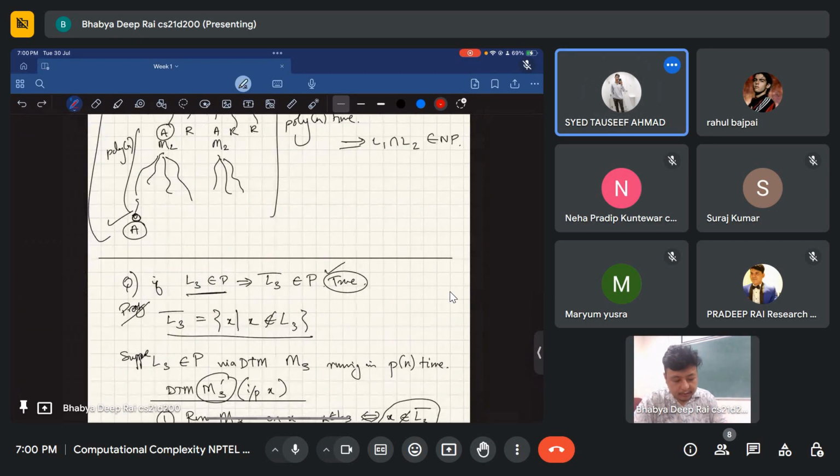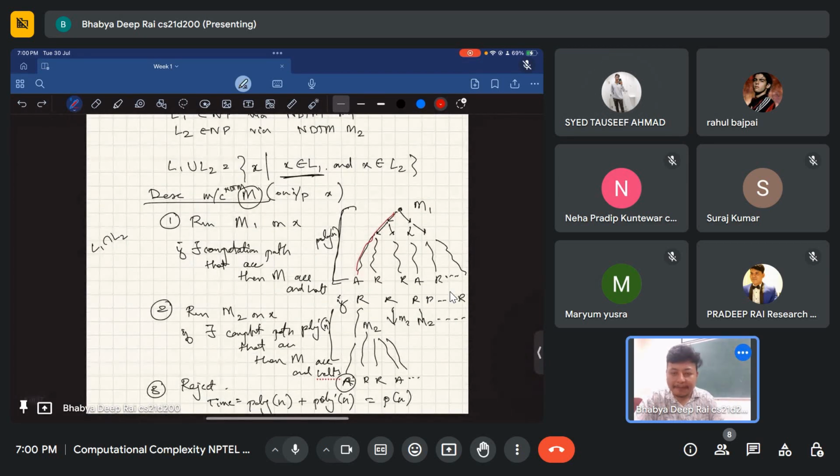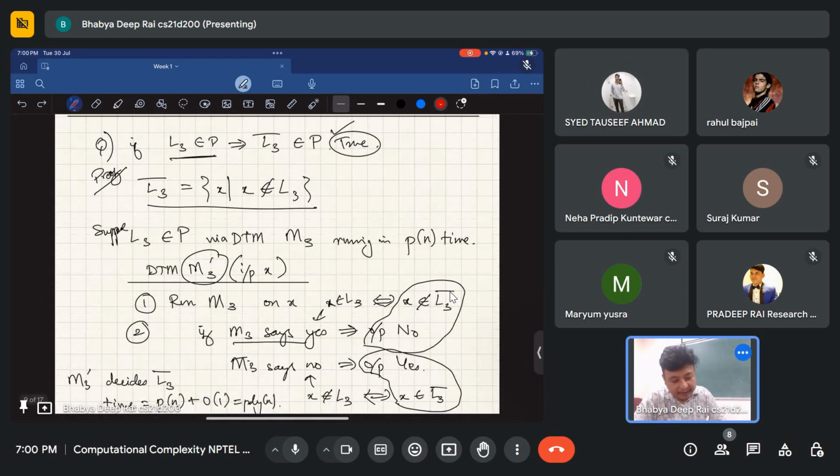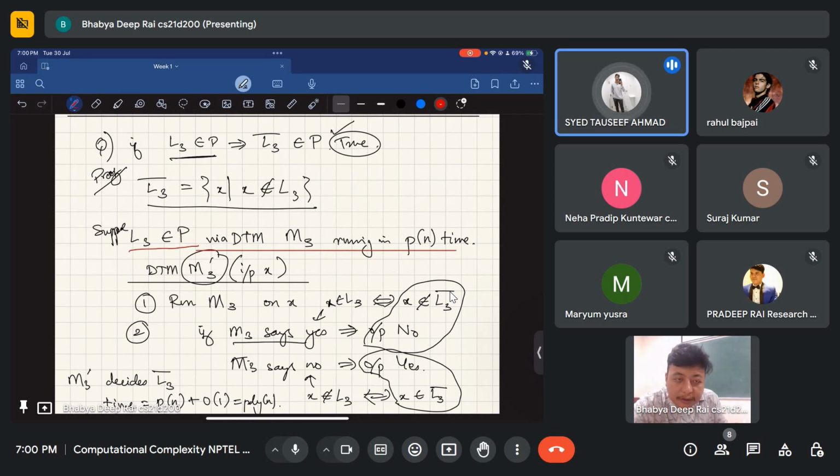Not this one, the one in the hypothesis: if L3 belongs to P, then the conclusion is L3 bar belongs to P. This entire if statement is true, and then the second one, if M3 says yes, output no. I didn't understand these two statements.